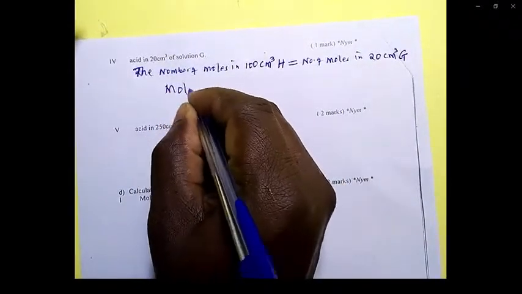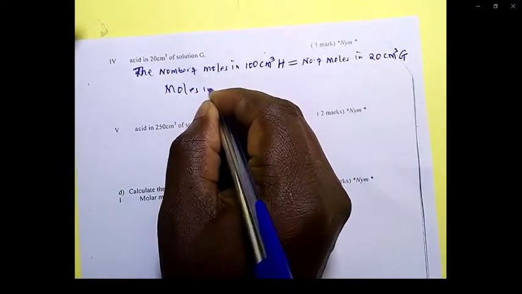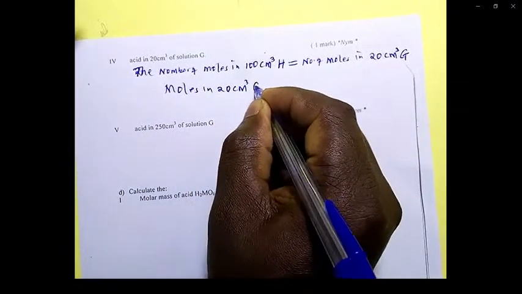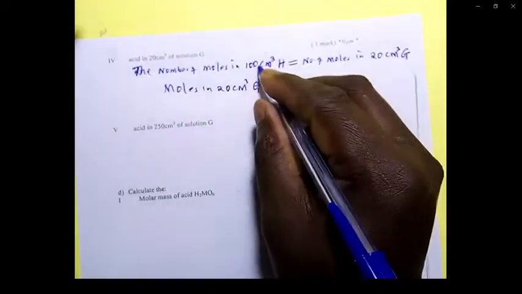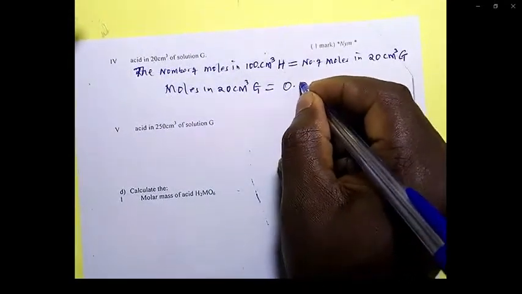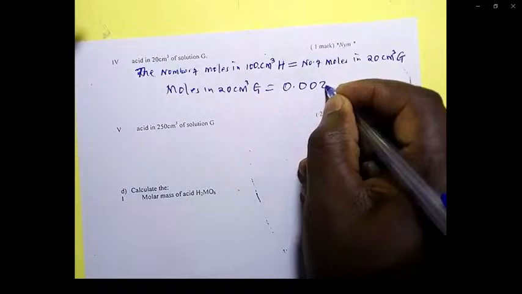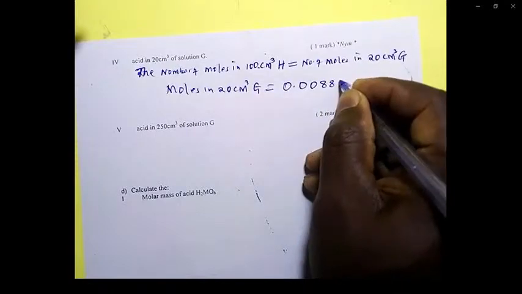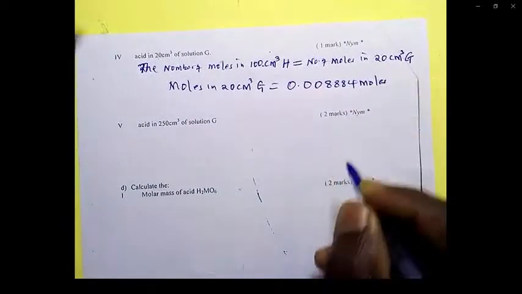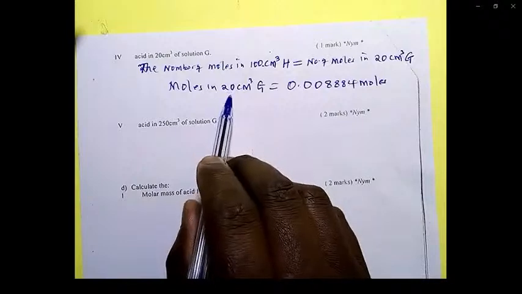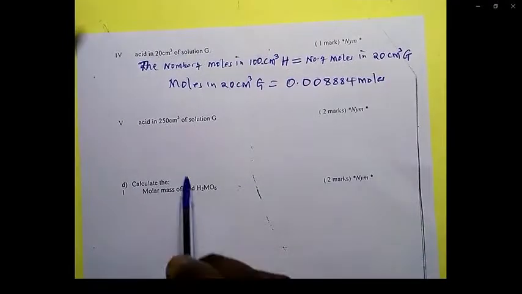Therefore, moles in 20 centimeters cube solution G equal the moles in 100, which is 0.00884 moles. This is the moles in 20 centimeters cube of solution G.